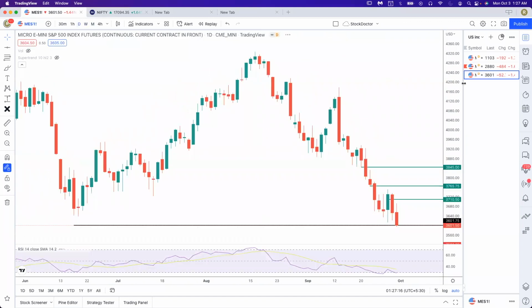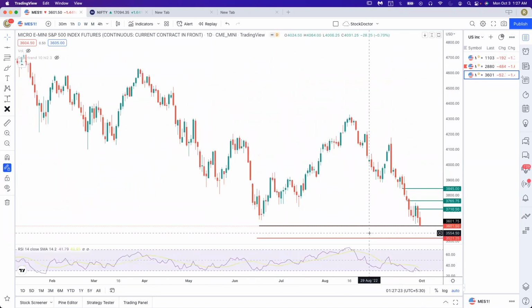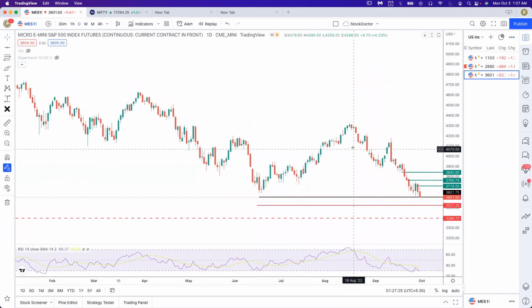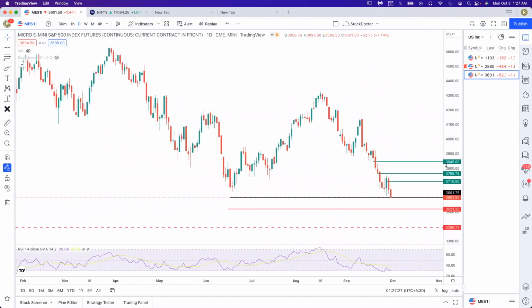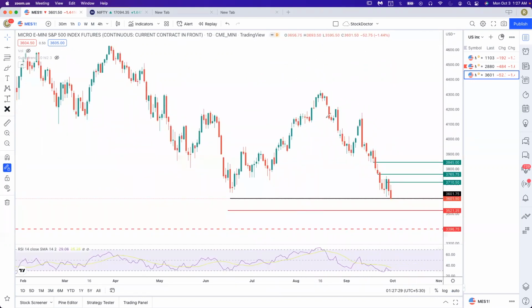Now we will talk about the S&P 500. For the S&P 500, currently we are on the day chart. You can see it is exactly near the support. We closed exactly near the support of 3600. Now if we stay below 3600 on Monday, then the first target is coming around 3520.